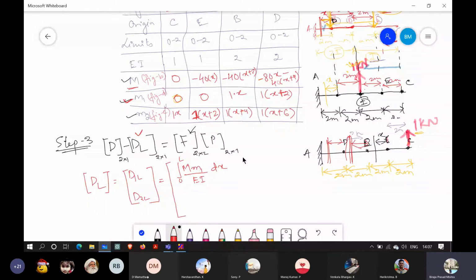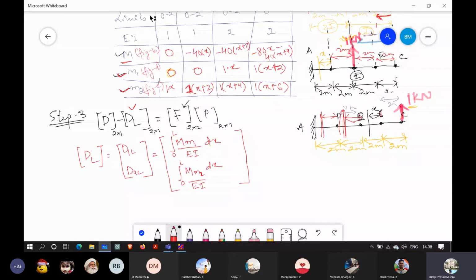And the second one is again integration 0 to L of M into small m2 dx divided by EI.